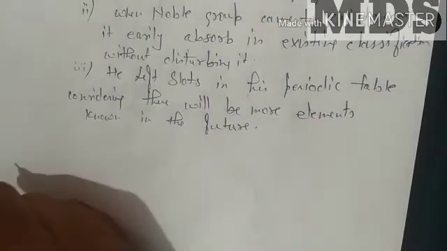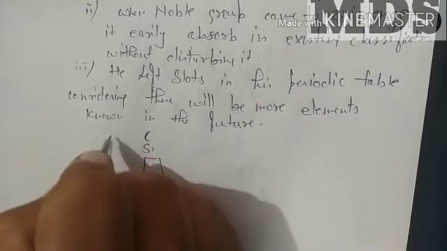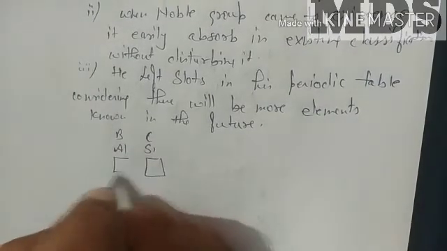Meaning to say, he is the first chemist who considered that yes, there will be more elements known. Like he left some slots, in the 14th group below silicon, he left a slot, and in the 13th group also below aluminium he left slots.